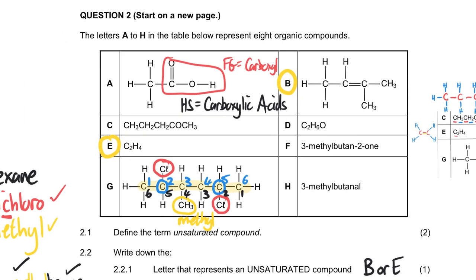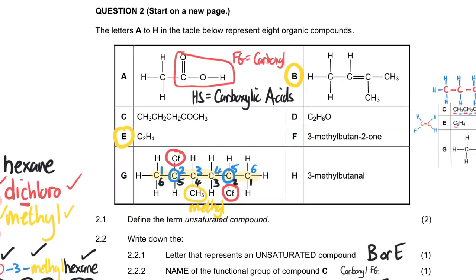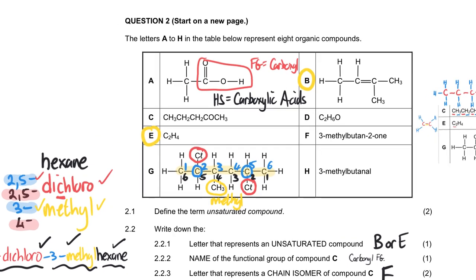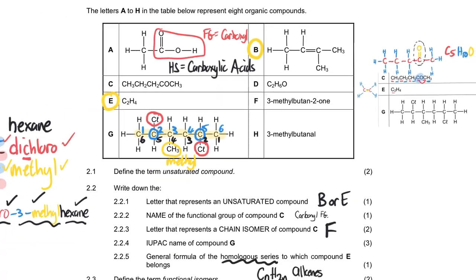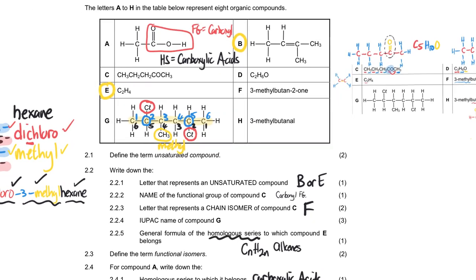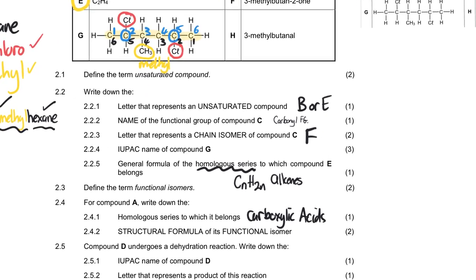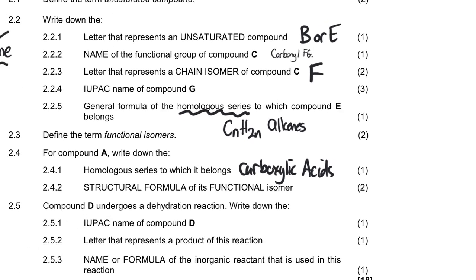F is a ketone with a methyl group. This was an alkane with a methyl group and with halogens, and this is an aldehyde with a branch. So we do not find an ester in this particular table. So this is a bit ambiguous.